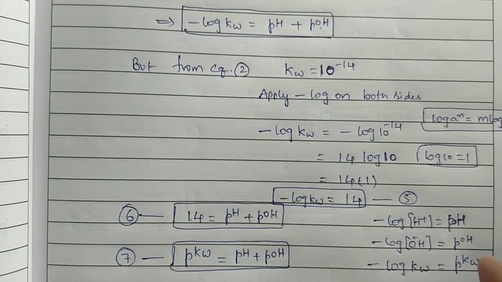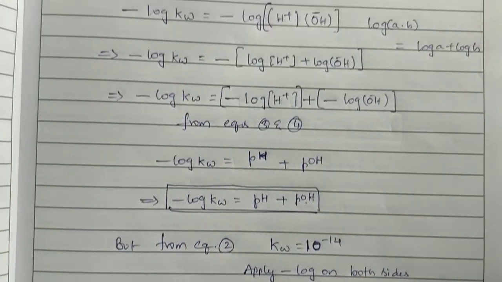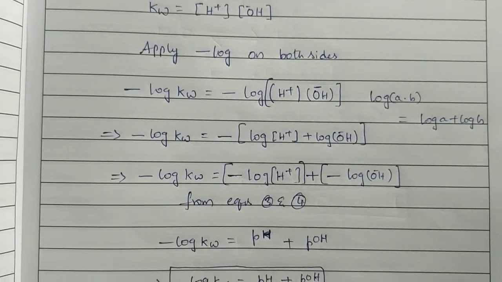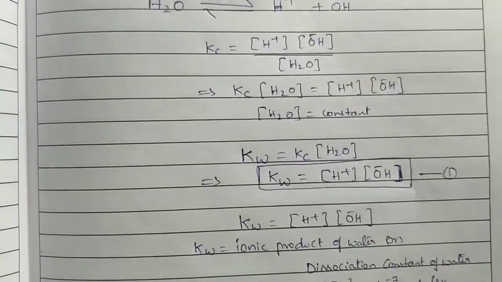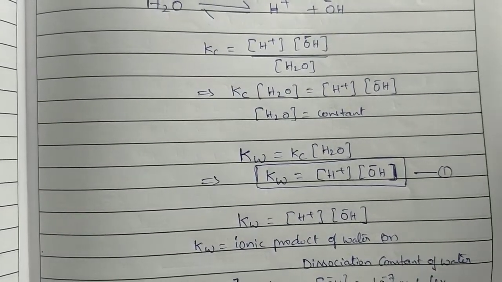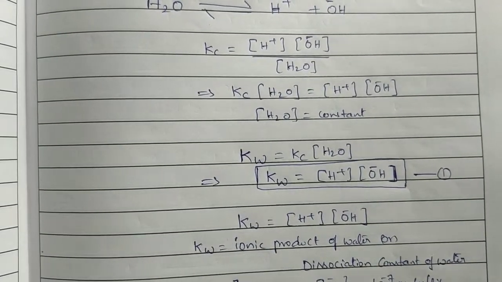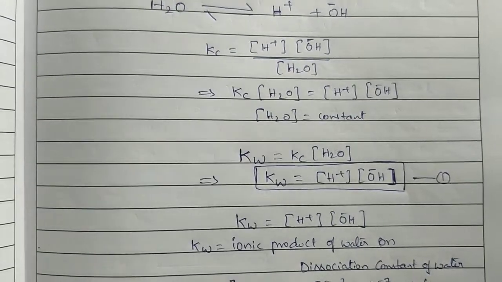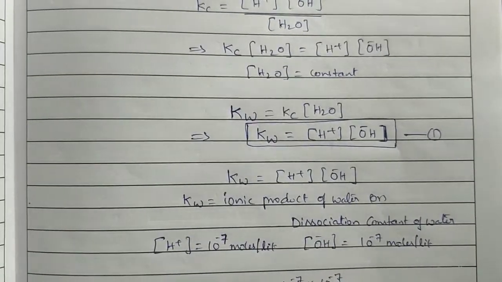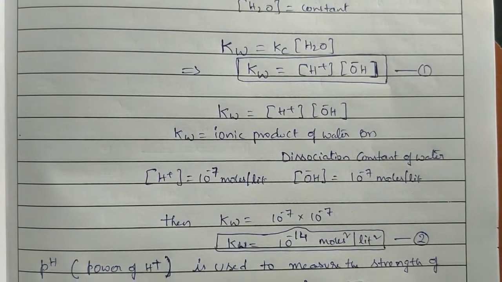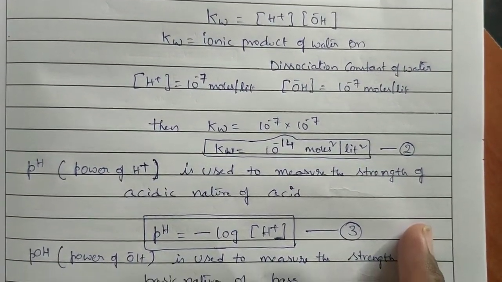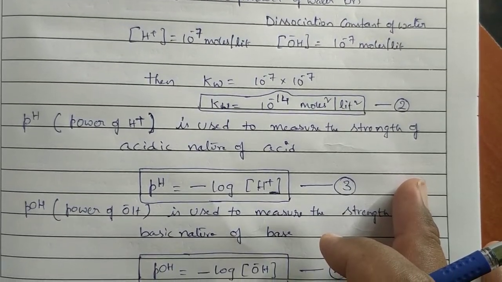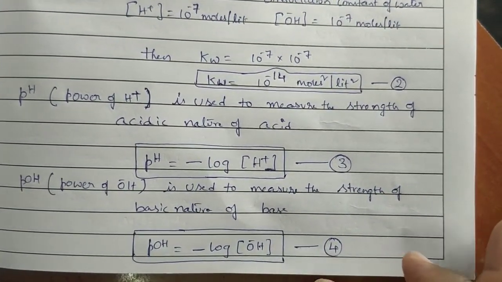Just one more time I will recall that. See, we have started from Kw. This is the dissociation constant of water. Kw is equal to 10 power minus 14 we got. pH is equal to minus log H plus, pOH is equal to minus log OH minus.